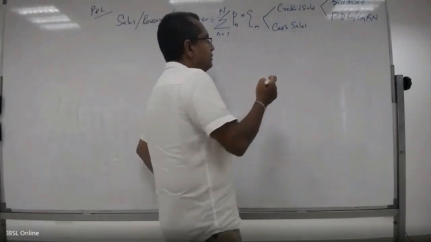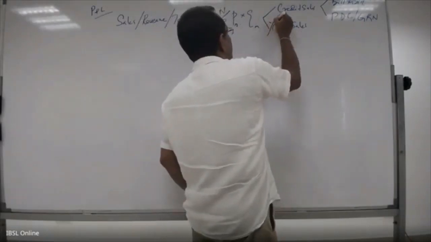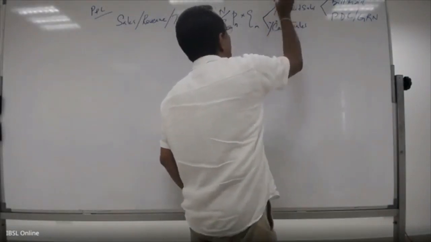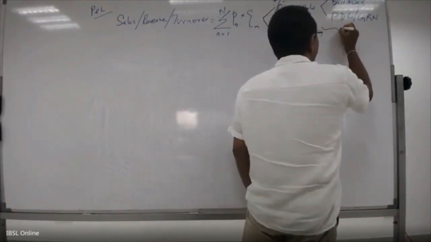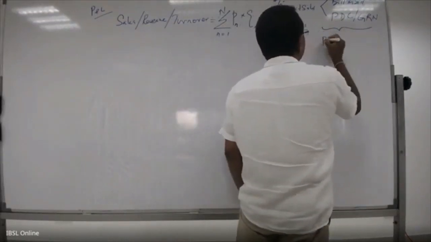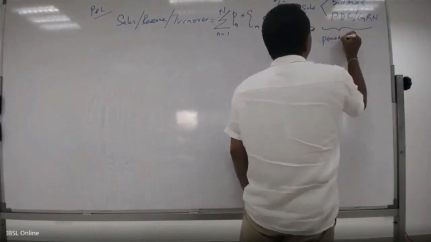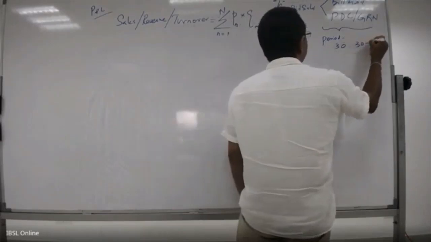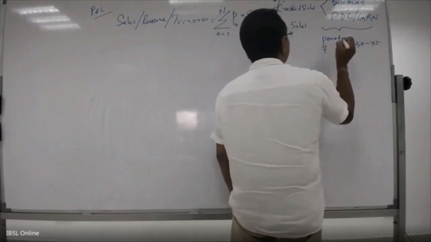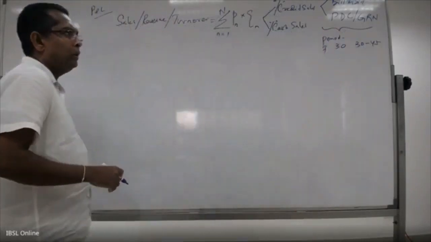Then this is a percentage of cash sales and percentage of credit sales. Then for this you have a period, right? 30 days, 30 to 45 days, 7 days, whatever. Credit period.